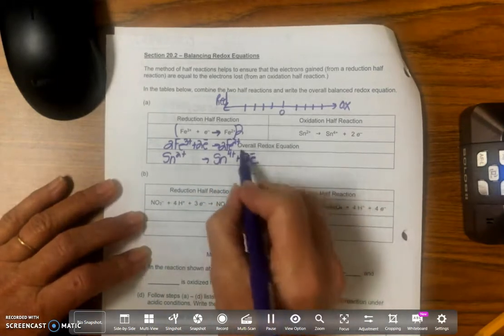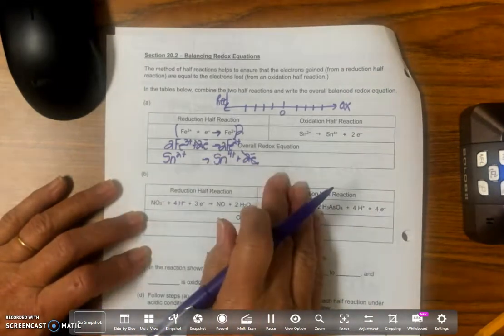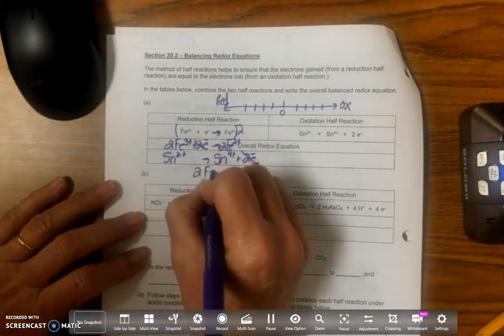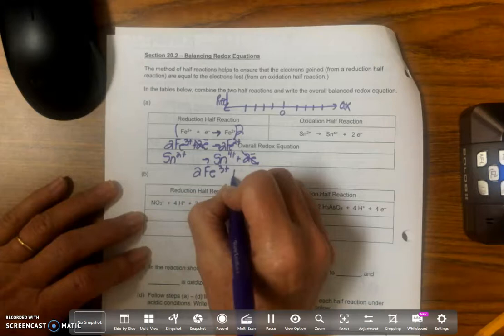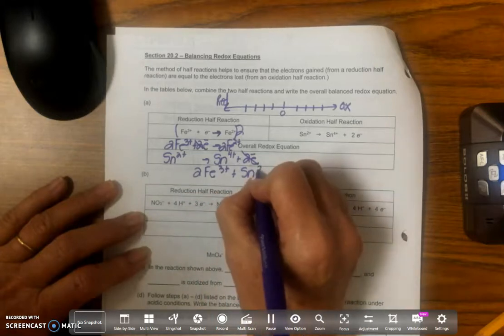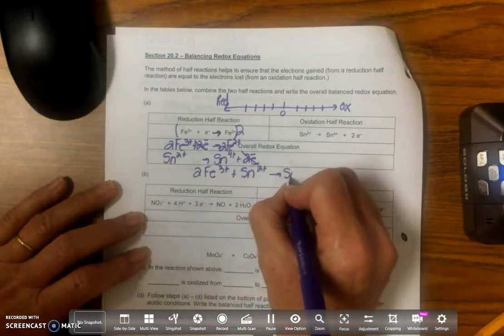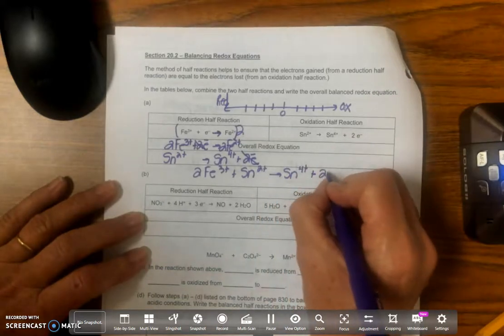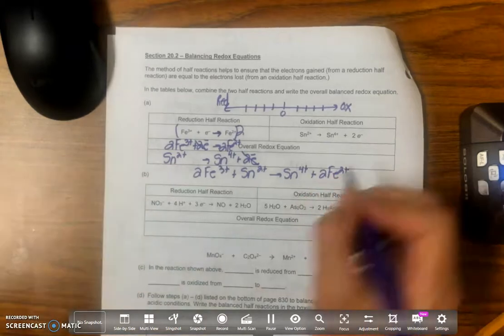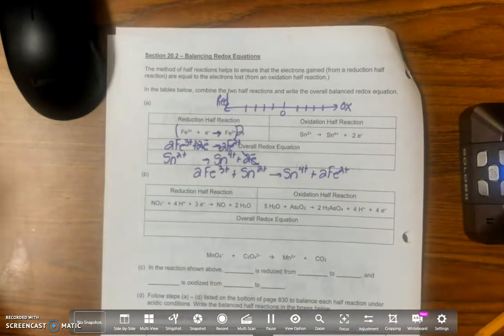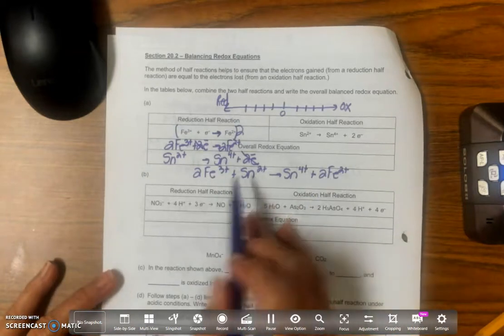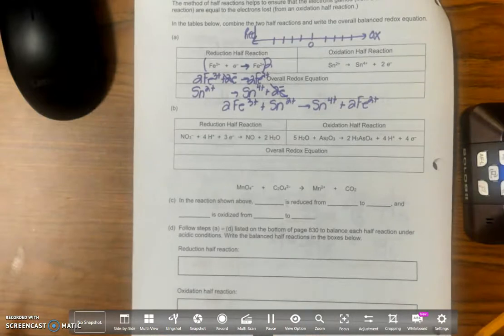Now, electrons balance, they're crossed out on either side, and I'm basically going to write down what I have left. 2Fe3+ plus Sn2+ goes to Sn4+ plus 2Fe2+. So basically what I've done is I've taken these 2 half reactions and used the electrons to balance the elements. Let's do another one.